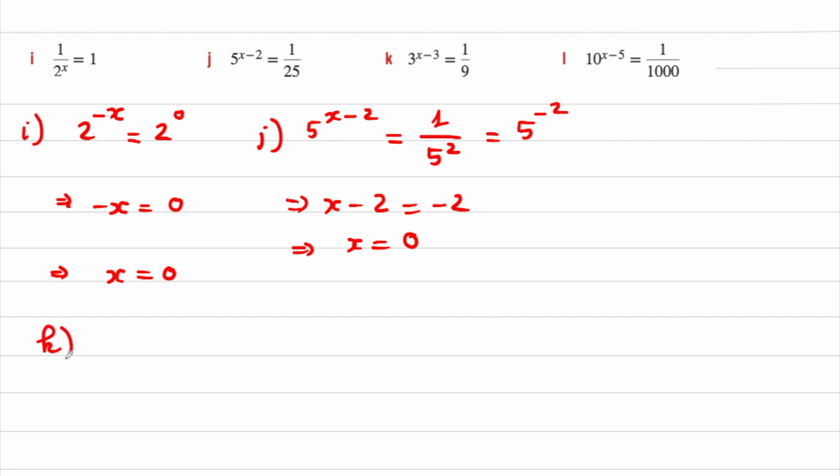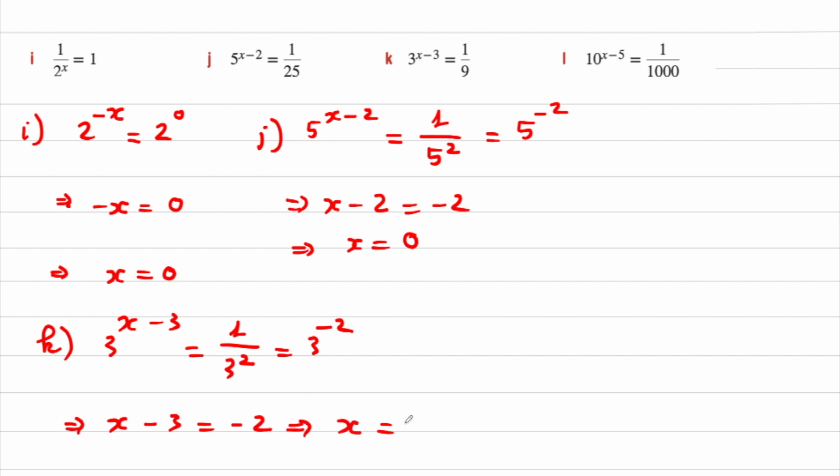For question K, 3 to the power h minus 3, and then 1 over 3 squared is 3 to the power of negative 2, and then h minus 3 equals negative 2, and here you get h equals 1.